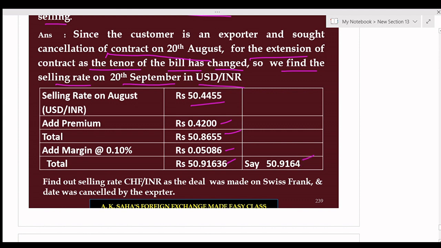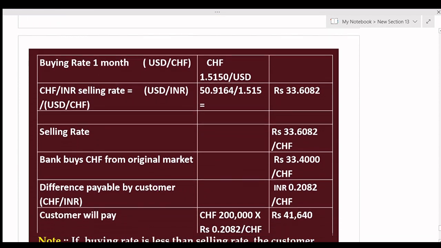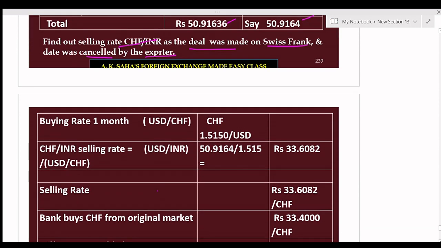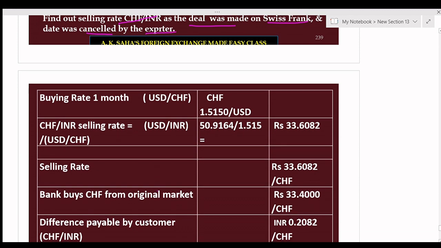say 50.9164. Now find out the CHF INR selling rate, as the deal was made on Swiss franc and the date was cancelled by the exporter. When you calculate CHF INR, it is USD INR selling rate divided by USD CHF.